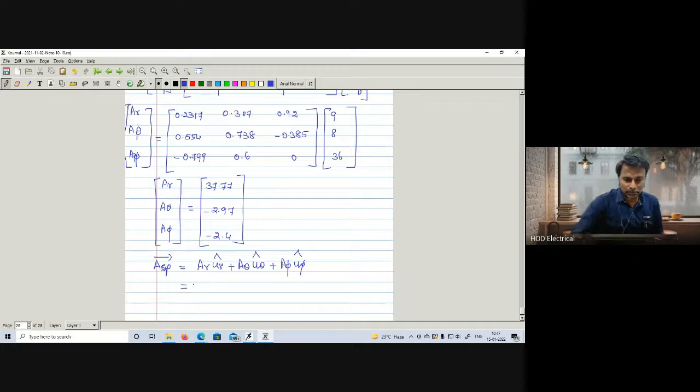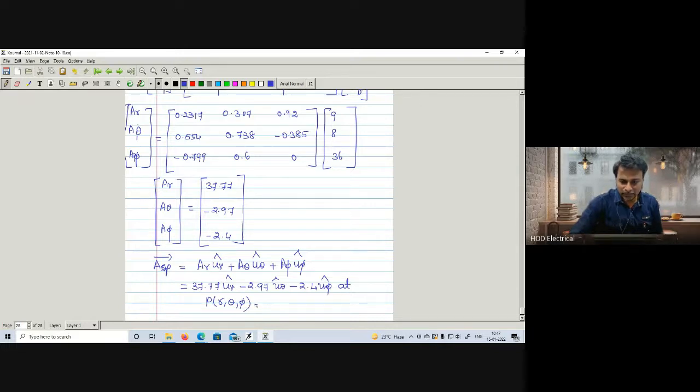That is equal to 37.77 u_r cap minus 2.97 u_theta cap minus 2.4 u_phi cap at the point r, theta, phi.